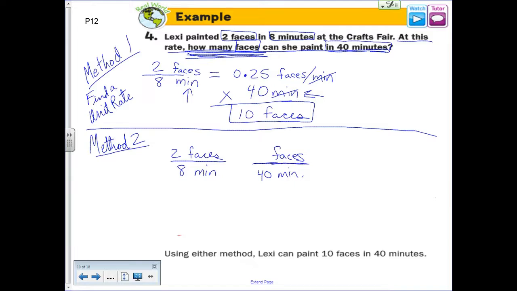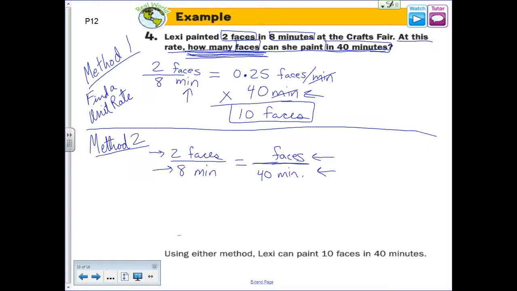And we're going to get deeper into proportions. But for now, just know that instead of a unit rate, we can put the same units on the bottom of 2 ratios and the same units on top of 2 ratios, and form what's called a proportion, putting an equal sign in between them.